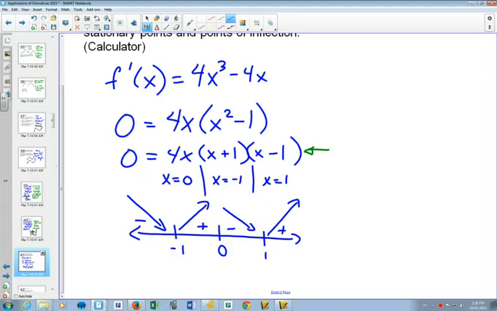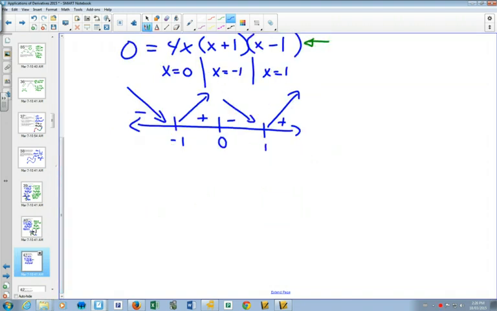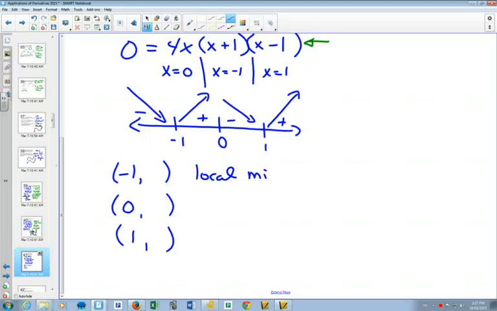So we know that -1 and 1, those are local minimums. And 0 will be a local maximum. So we got a local min, a local max, and another local min.